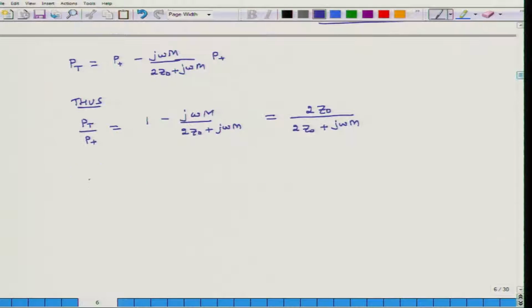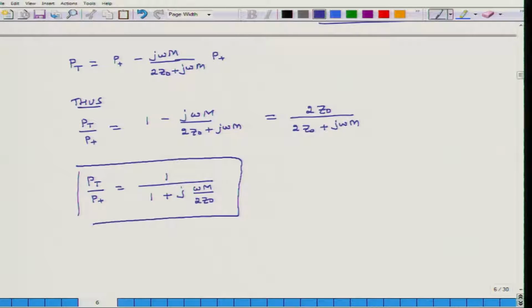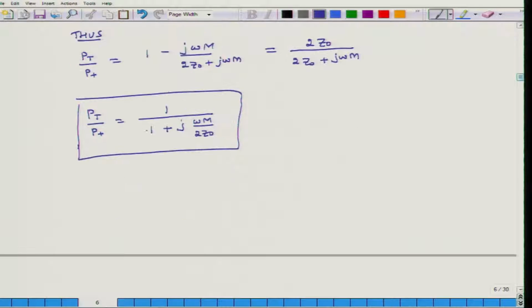Okay. Or finally, we can write Pt over P plus is equal to 1 divided by 1 plus j times omega m divided by 2 Z naught. Okay. So, that is my ratio.